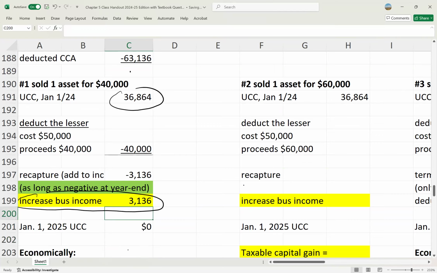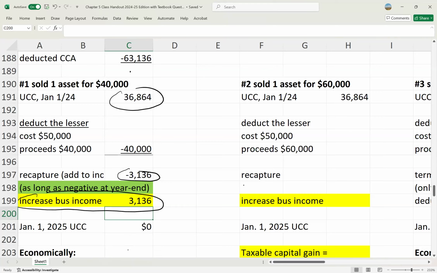So whenever we dispose of an asset, we deduct the lesser of cost or proceeds. In this example, we're deducting proceeds of 40,000. This is going to result in a negative balance. The only way it could get to a positive amount before the end of the year is if we added a new asset to this class 8.